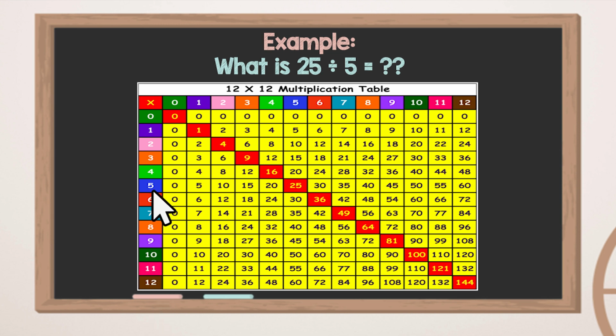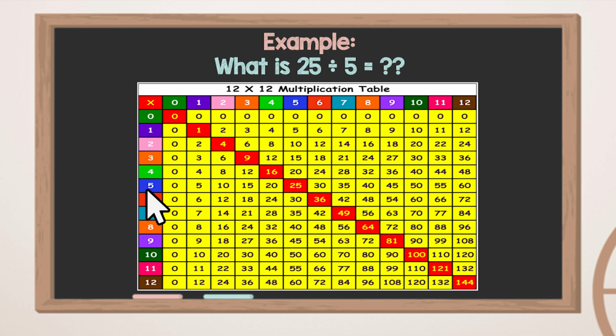The first number is 25, so we will move towards 25 from 5. We go across to the right, and there we are at our 25. Then we go up the column, and the number that we meet at the top of that column in the first row is the answer. So boys and girls, let's see if we can do it. Let's identify our first 5.